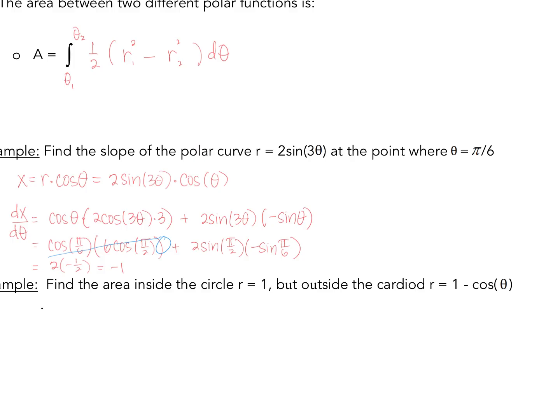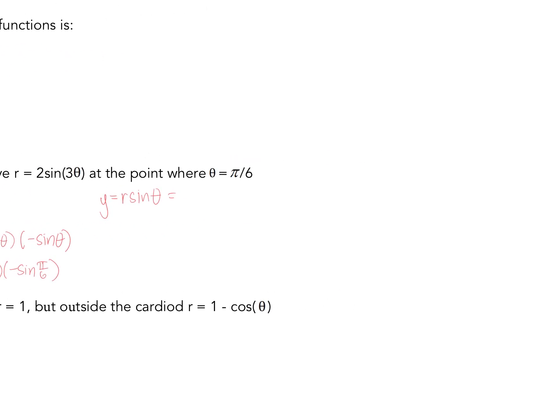Okay, then you want to do your dy d theta. So again, it's just a matter of making the equation. So I'll have 2 sine 3 theta this time times sine of theta. So my product rule is going to be similar with just that little variation of having a different product.